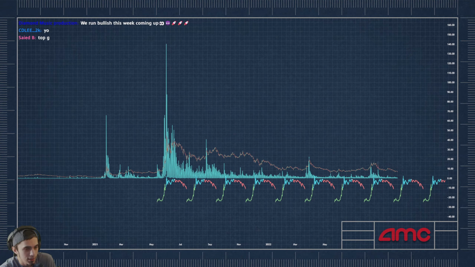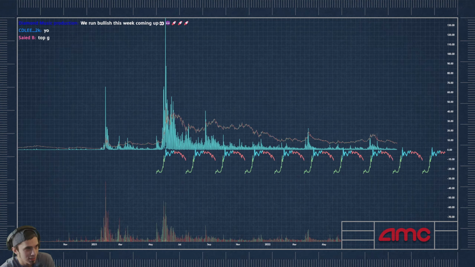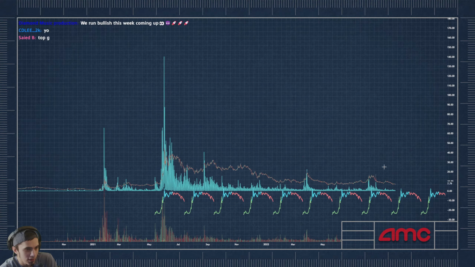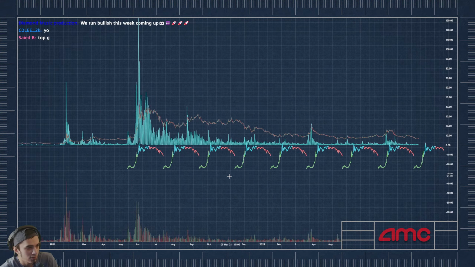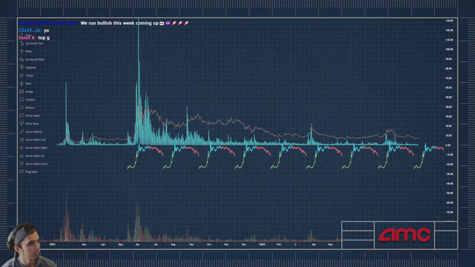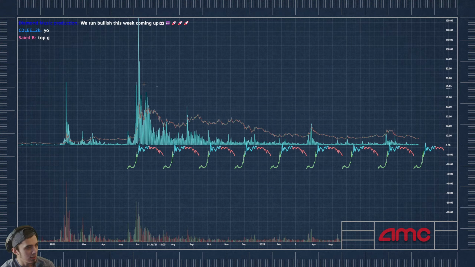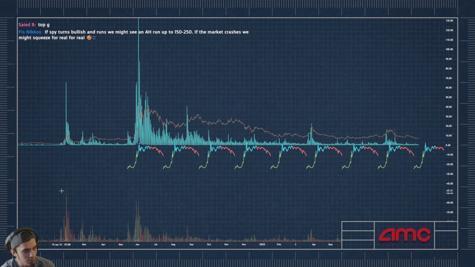What this does is, if you compare just regular volume here, you can see how it's displayed differently, right? Some of it, if you hover over, is going to be very similar. But for example, back here in June, you have a lot more volume being displayed on this indicator versus what happened back here in January.